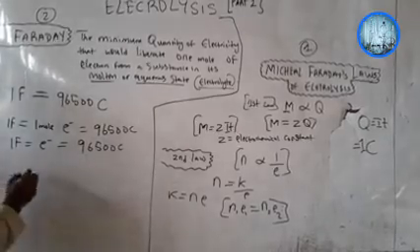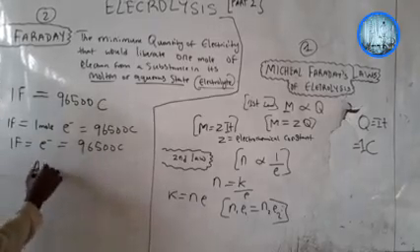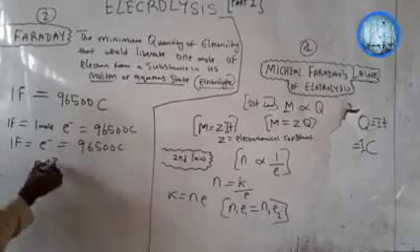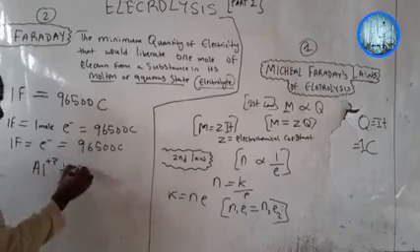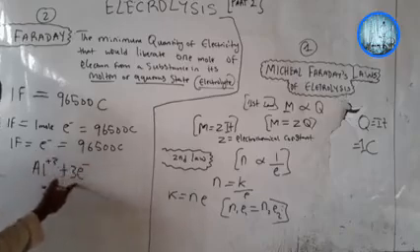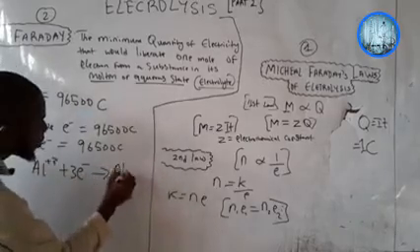Another example. Let's say we have a solution of aluminium. Al3+ as usual is in electrolyte form, so it is in ion form, and we are bringing it back to the atomic form. It receives 3 moles of electrons to come back to the atomic form, Al solid.